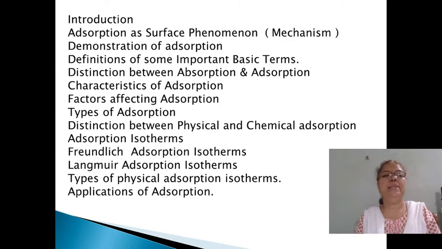Here in this chapter, adsorption, you will learn what adsorption is and its mechanism, demonstration of adsorption, definitions of some important basic terms, distinction between adsorption and absorption, characteristics of adsorption, factors affecting adsorption, then types, distinguishing between physical and chemical adsorption, adsorption isotherms.